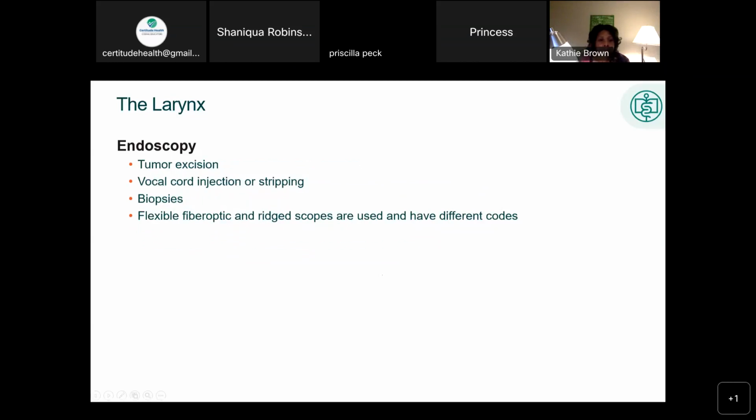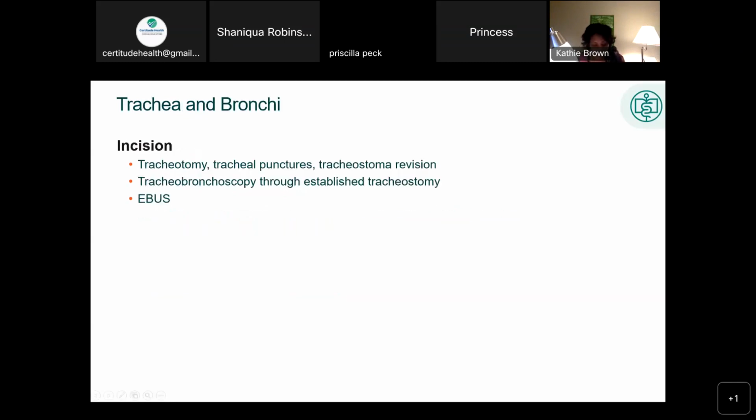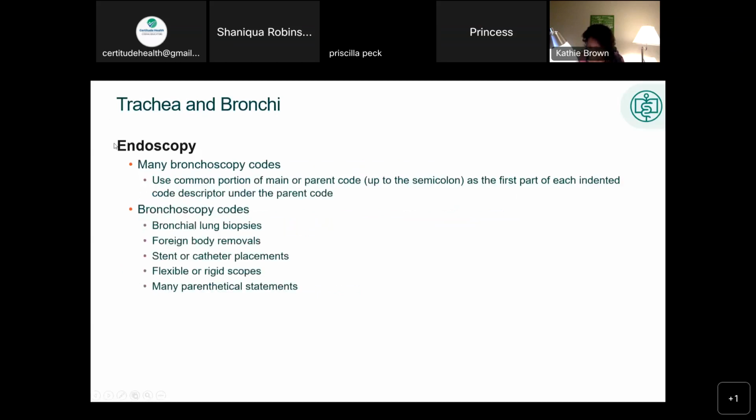Endoscopy is continued here, but I'm going to run through. If I see anything different, I'll make sure I stop and explain it. But a lot of these procedures are going to be familiar or the same for each organ. So there's the trachea and bronchi, and you can see it starting there with incision, with endoscopy.